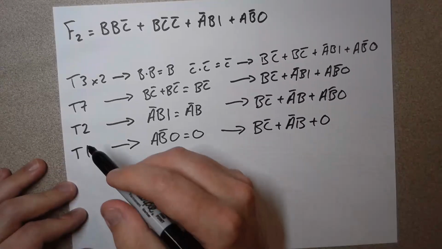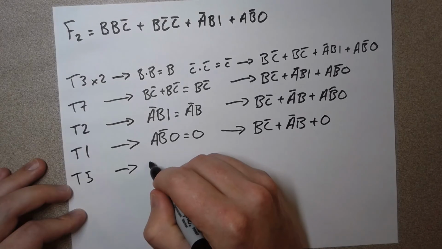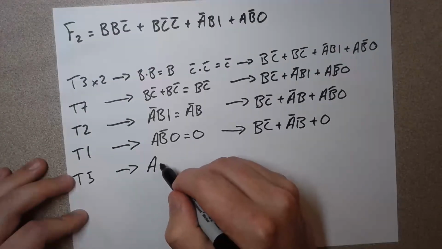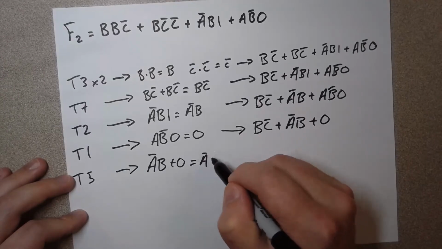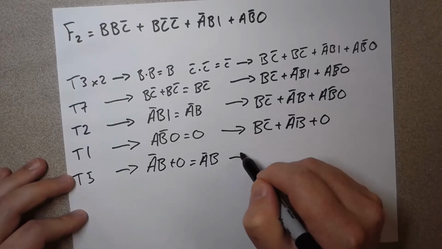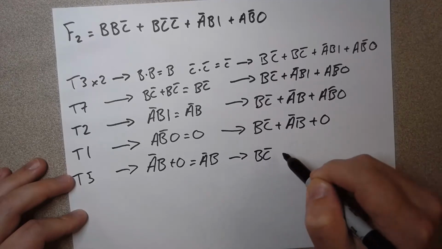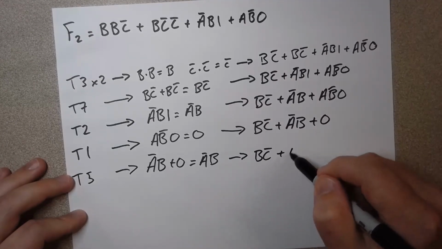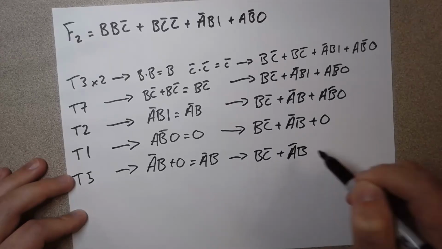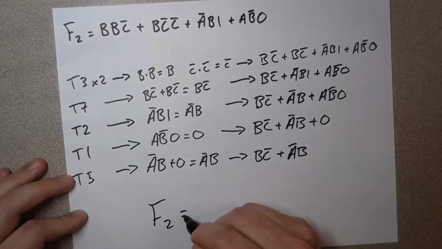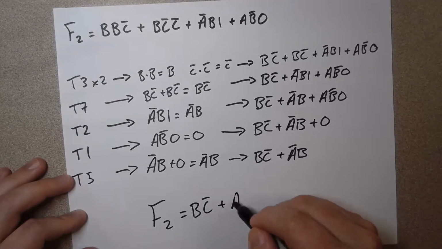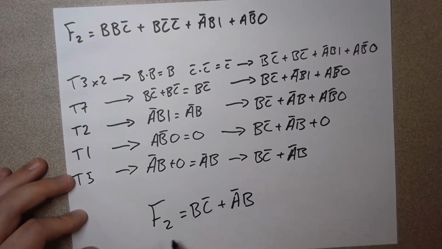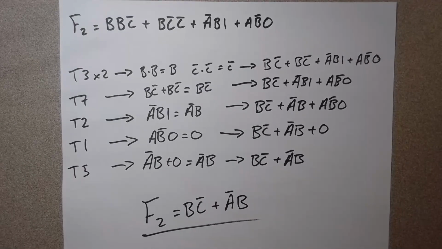And theorem number 5 tells us that if we have anything ORed with a 0, it is just equal to that first variable, which gives us B not C plus not A, B. So F2 is equal to B not C plus not A, B. And that is our final answer for that guy.